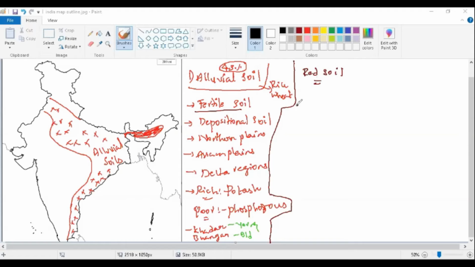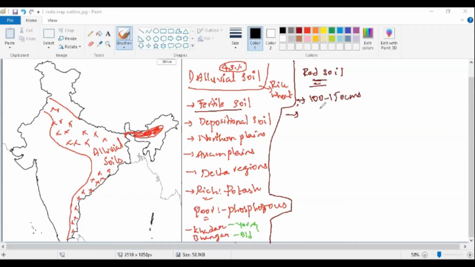So Rajasthan has arid soil. When I explain to you the map of rainfall precipitation, you will easily understand. But still, I'll try now. See, what happens is red soil is in the area which is not completely arid, not completely wet, which has rainfall of like 100 to 150 centimeters. It is like a dry region, but not completely arid.